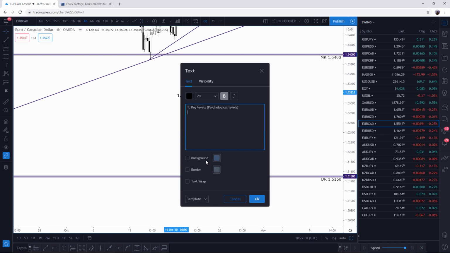You want to take a trade based on fib retracements. You want to take a trade based on third touch.